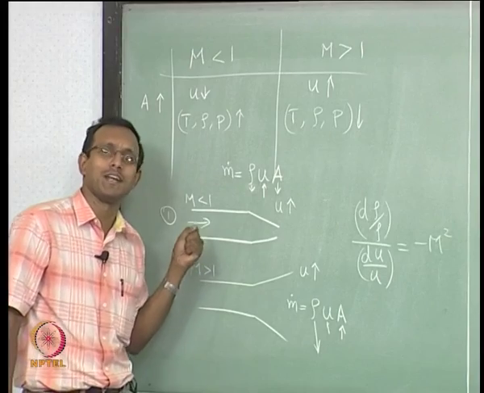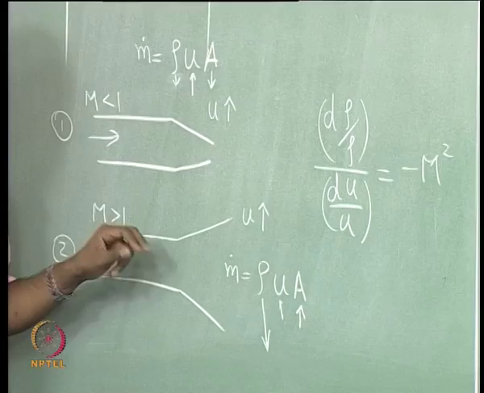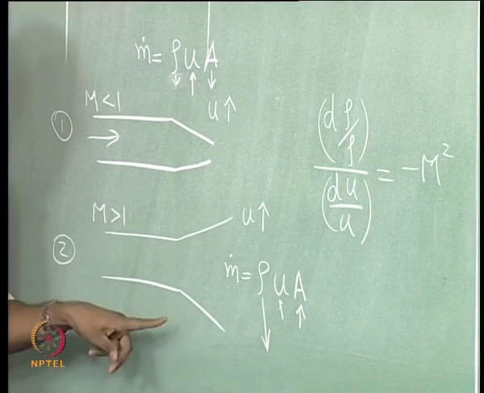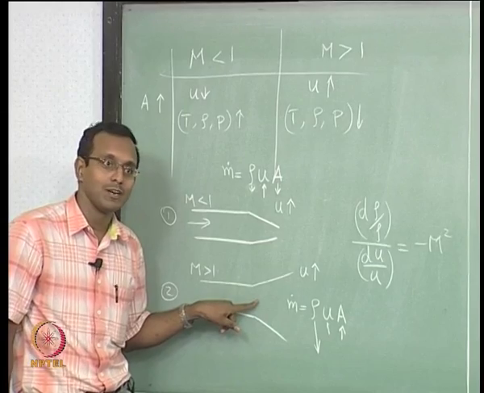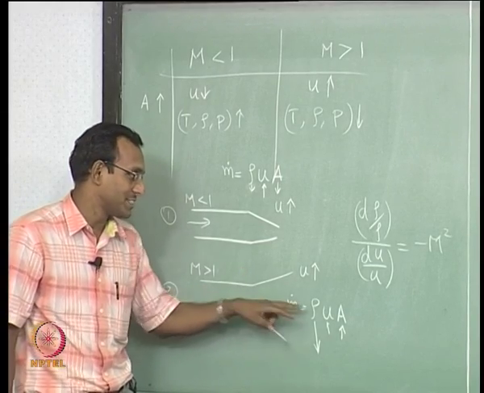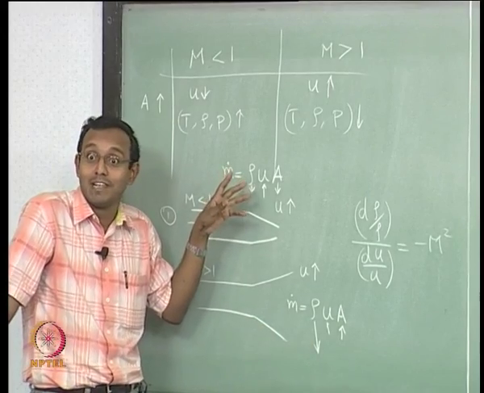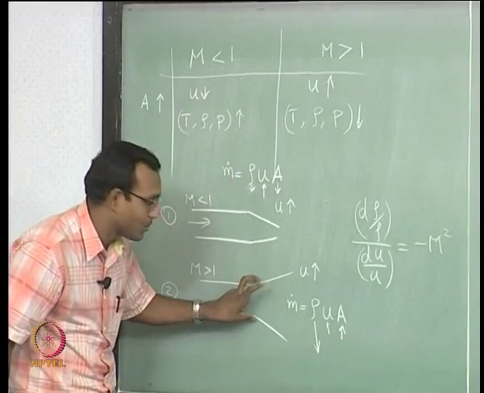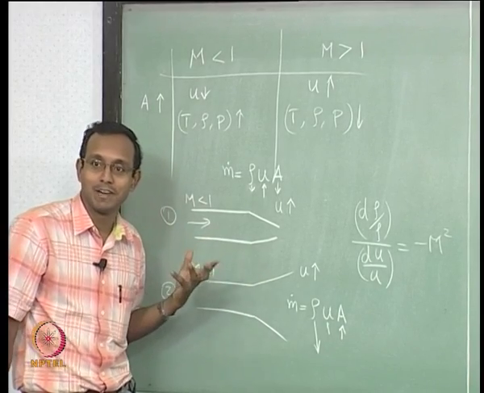Subsonic flow is slow, it has a lot of time to change things. Here it is going so fast, it is just now given the information that something changed, and it has to immediately change. So, what does it do? It immediately changes density. Decreased density means more volume for the fluid element, it will go immediately occupy the whole volume. Okay. Think that way, that is the physical feel I am trying to give you.